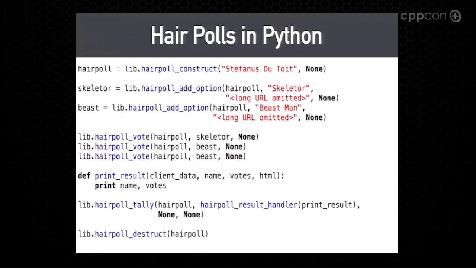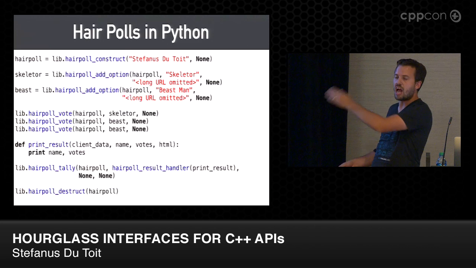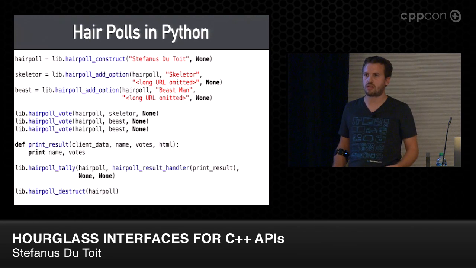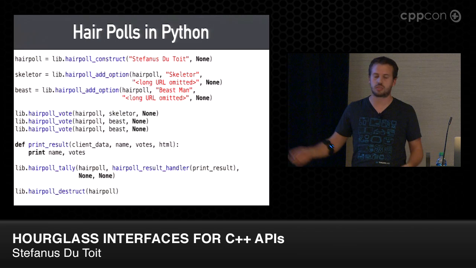And so the way this might look in Python, for example, again, this is running code. I had this running earlier. I haven't shown you a little bit of preamble, but you can just basically call C functions. This isn't how I would expose this in Python. I would make a nice Pythonic interface that probably has classes and all kinds of stuff.